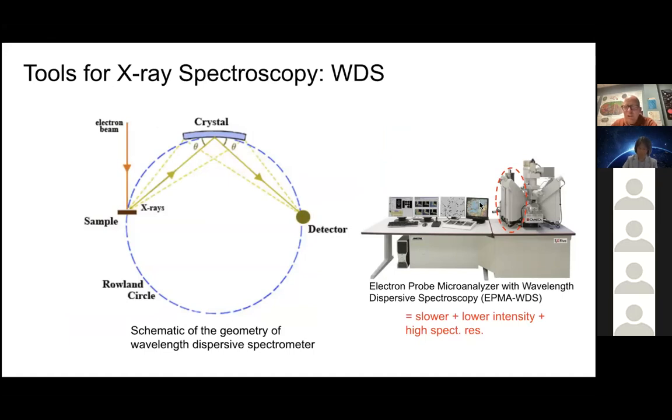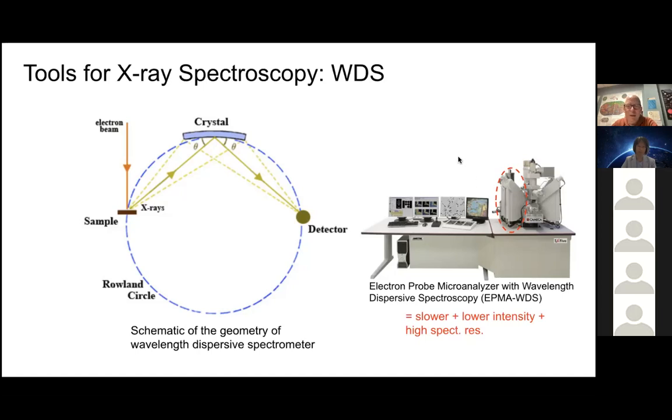This instrument uses a different type of detector called a wavelength dispersive spectrometer. And on this particular model, I believe there are 5 spectrometers. One of the main differences in this technique is we're measuring how the wavelength of X-rays is dispersed or reflected across the face of a crystal in one of these spectrometers.